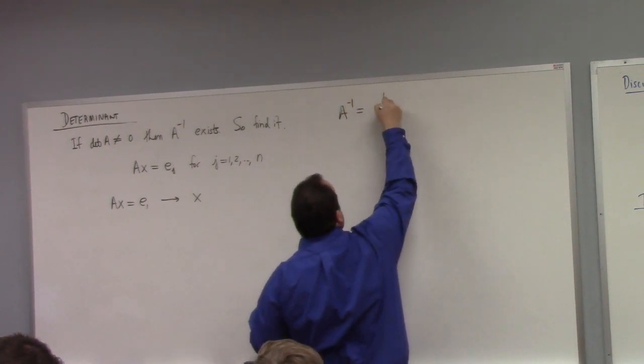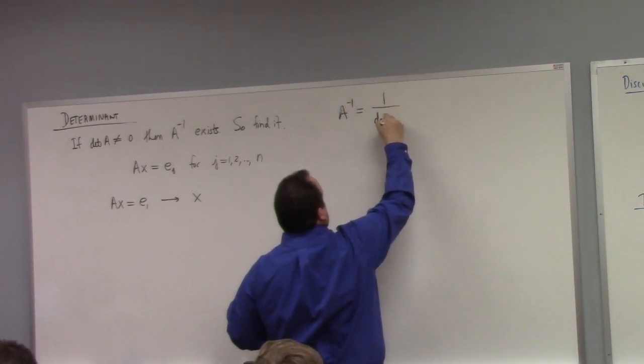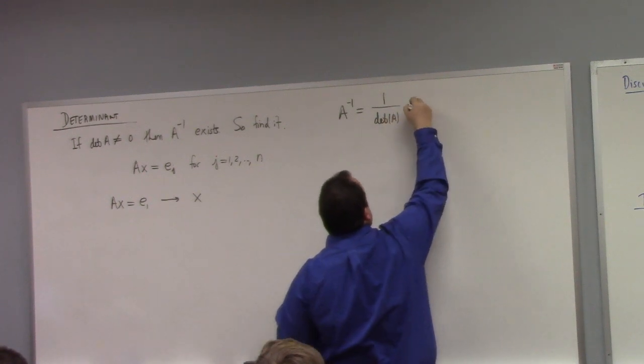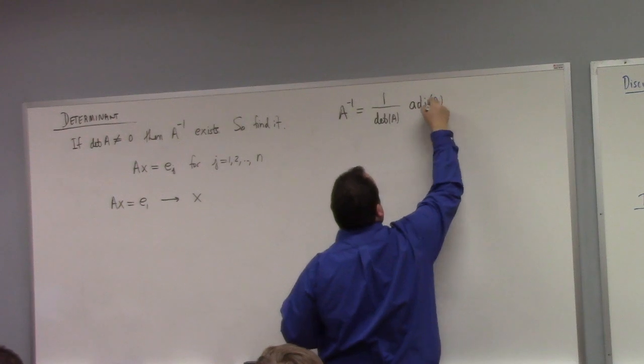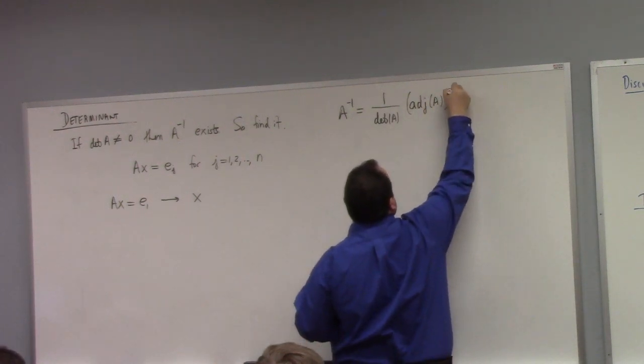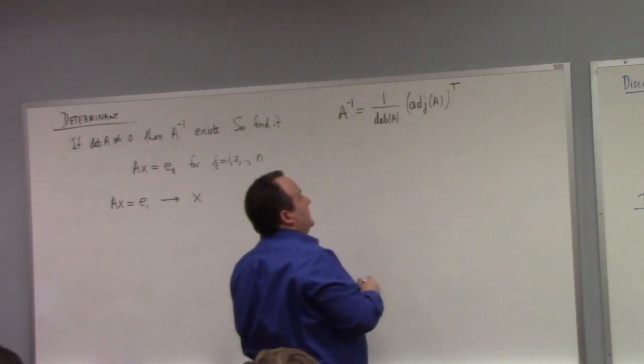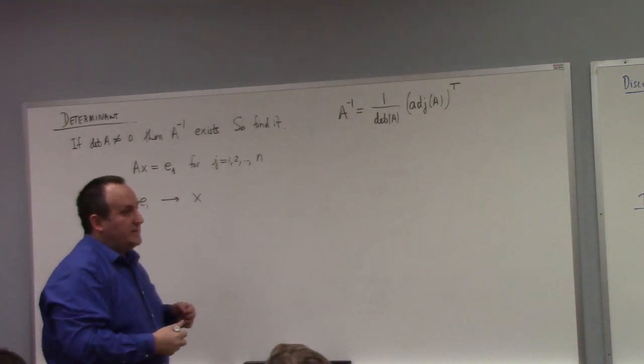A inverse is 1 over the determinant of A times the adjoint of A transpose. Let me try to unwrap that formula for you.